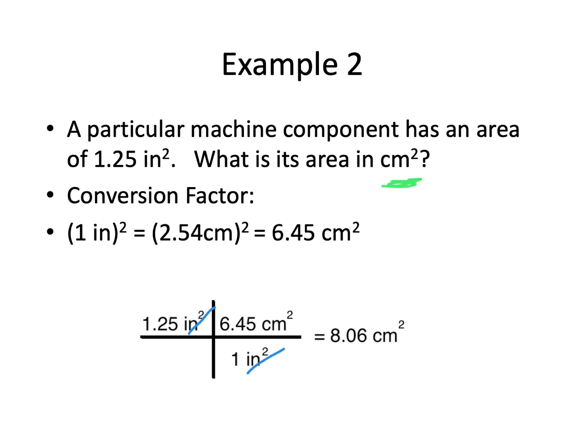So when you do this, you get 1.25 times 6.45, and you get 8.06 centimeters squared, and that would be your answer: 1.25 inches squared is equivalent to 8.06 centimeters squared.